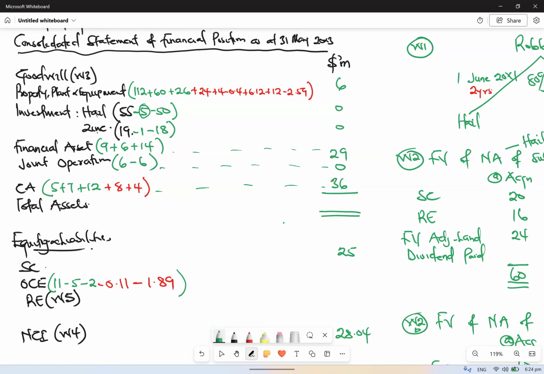This side to 11 minus 5, 6 minus 2. Wow, this one I need a calculator. Okay. So I'm getting 241.53. For which one?